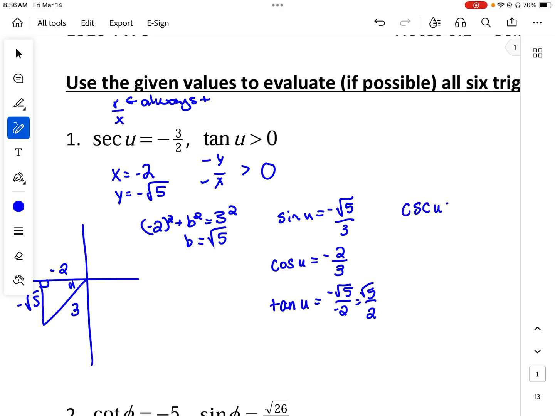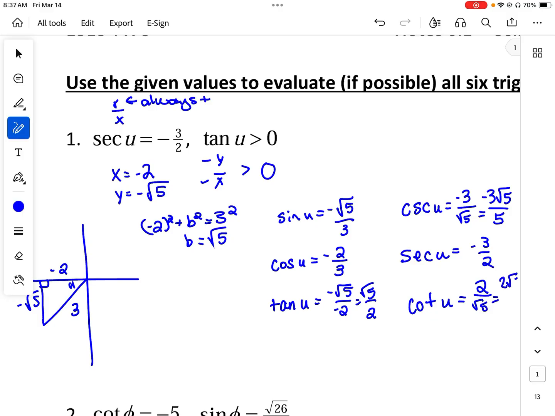Okay, let's go to the other ones. Cosecant, -3 over square root of 5, which we have to rationalize. So here's our rationalized form. Secant, -3 over 2. Cotan, 2 over square root of 5, which is 2 square roots of 5 over 5.